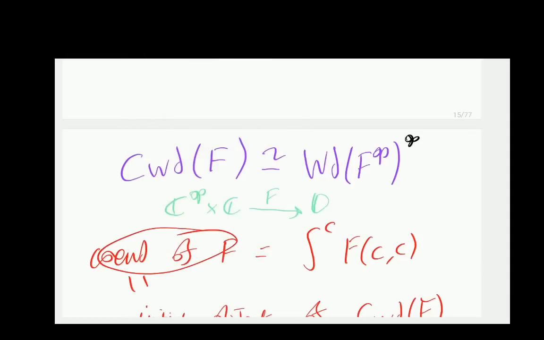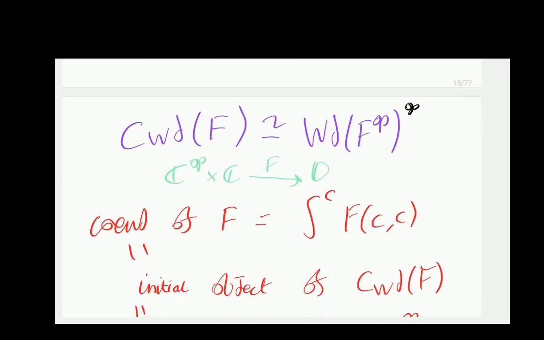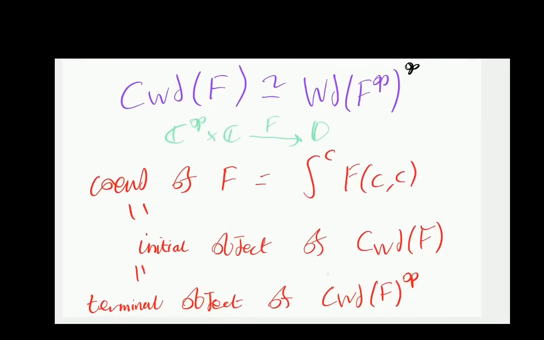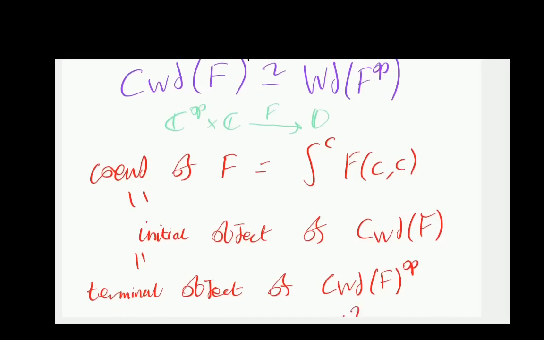What is a coend of F? That's the kind of thing that we write like this. By definition, it's an initial object in our category of co-wedges of F. But that's going to be a terminal object in the opposite of the category of co-wedges of F, right? An initial object in the category corresponds to a terminal object in the opposite of that category. If we take the opposite of both sides of this, we see that the opposite of this category of co-wedges of F is our category of wedges of F op.